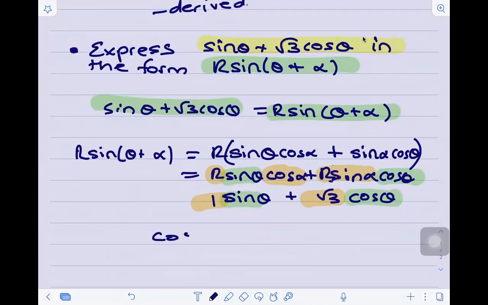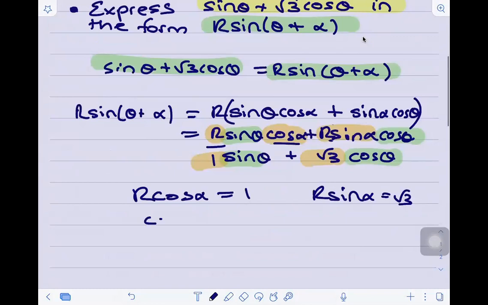So that means that r cos alpha equals 1, and r sine alpha equals root 3. So cos alpha is 1 on r, and sine alpha equals root 3 on r.